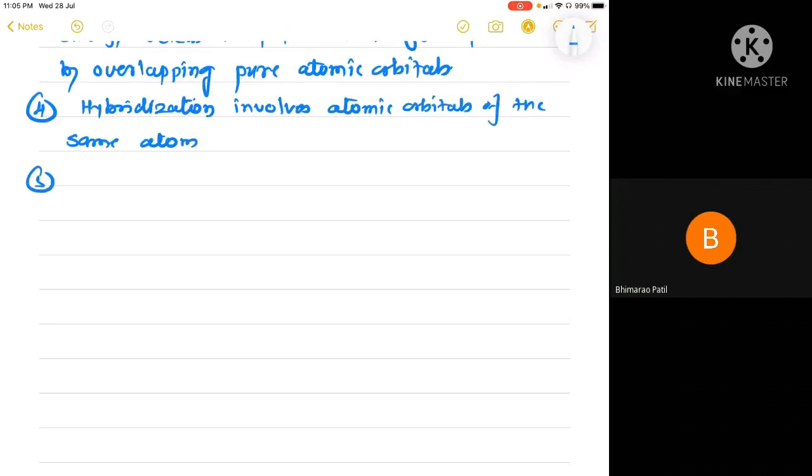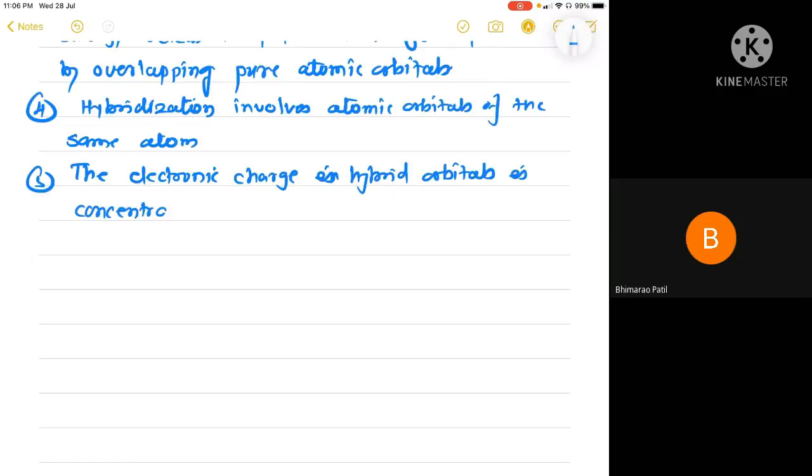Fifth one, the electronic charge in hybrid orbital is concentrated more in one direction.